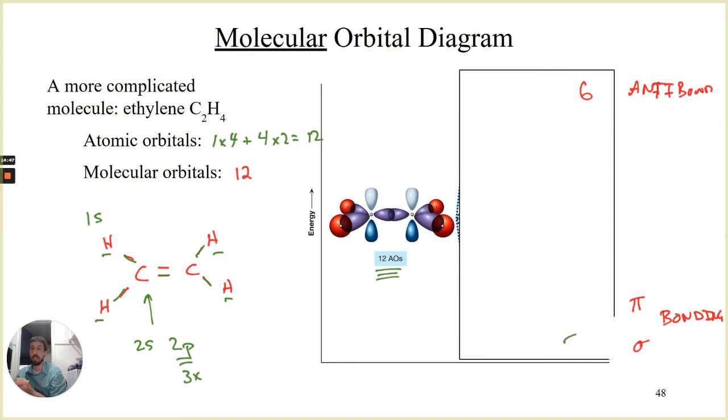So I'm going to have 5 sigma bonding interactions, and I will have 1 pi bonding. How is that going to break down in our antibonding? The exact same way. 5 sigma antibonding and 1 pi antibonding. Okay, that's it. That's the image.